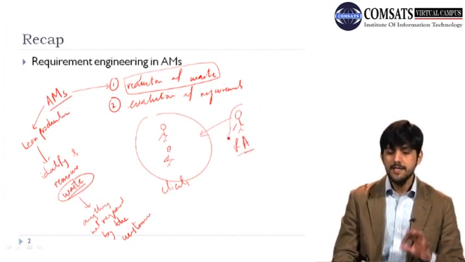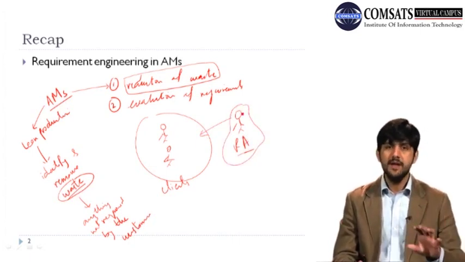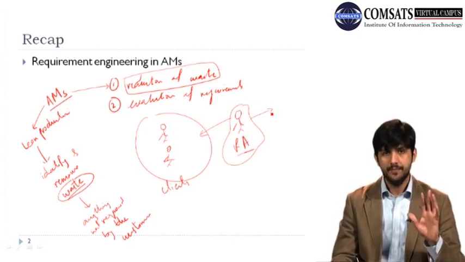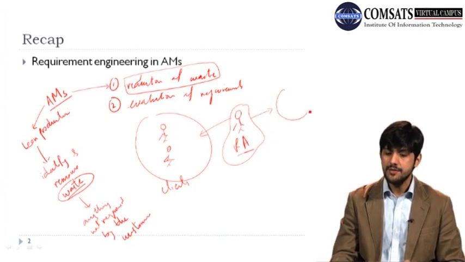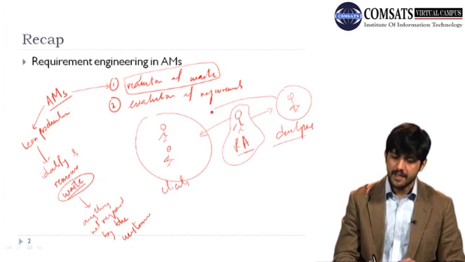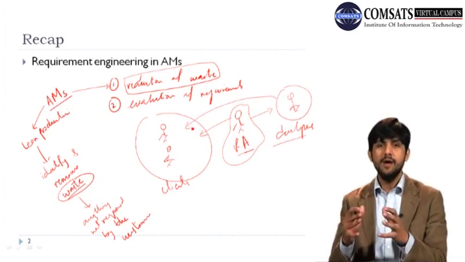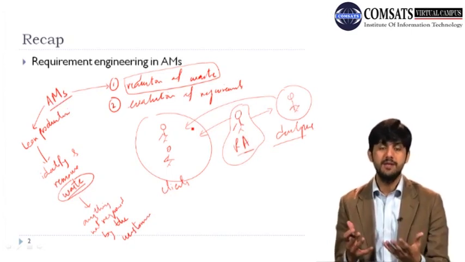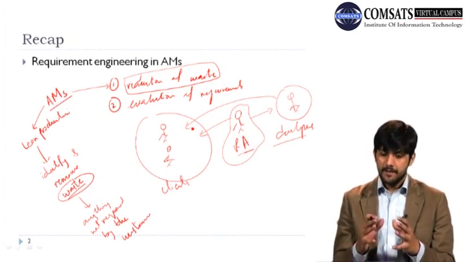Then he is the person who is responsible for specifying, negotiating, and generating a final SRS. And that SRS is used by this group of developers and designers. So there is a gap between the people who are supposed to develop and the people who want something to be developed.